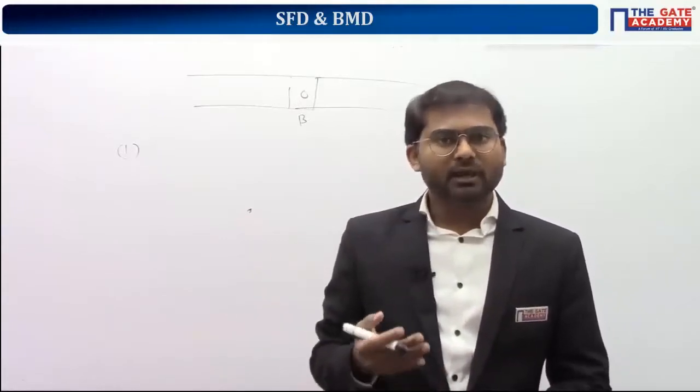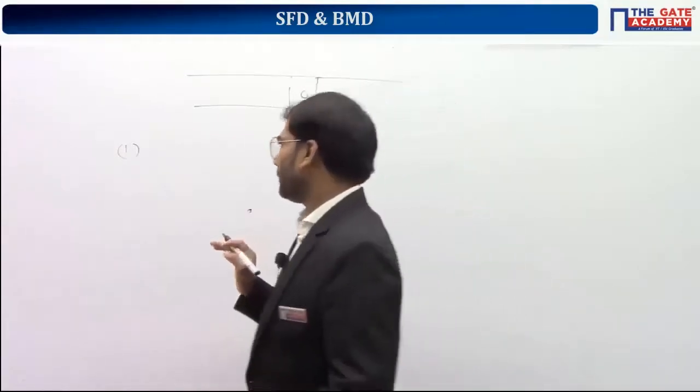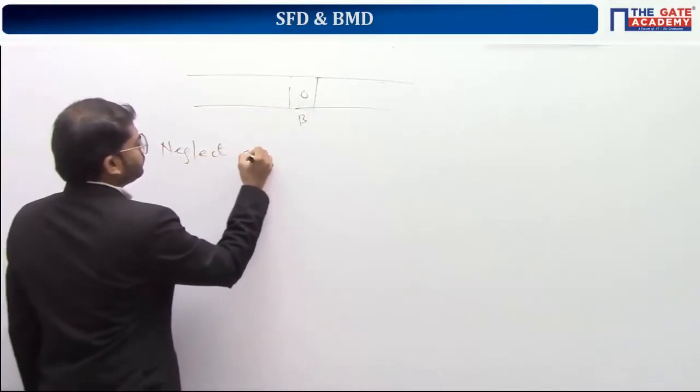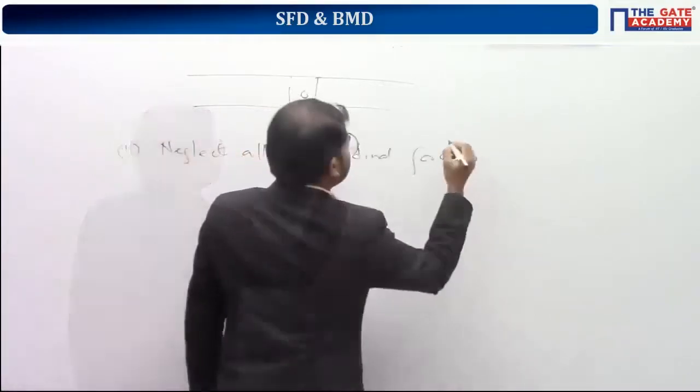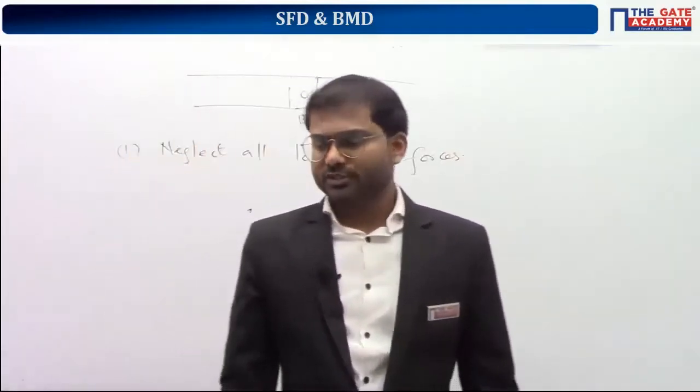As the longitudinal loads will not be causing bending, it's better to neglect them. That can reduce our calculation in solving the numericals. They will be of no use. So the first thing you have to keep in mind is: neglect all longitudinal forces.